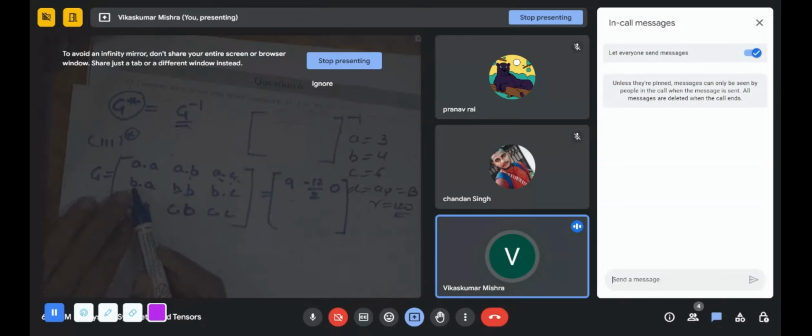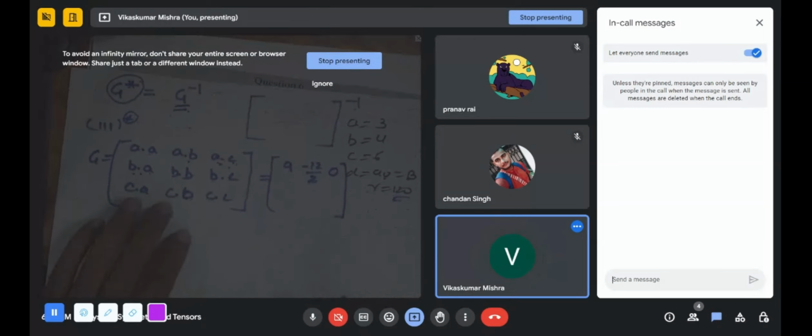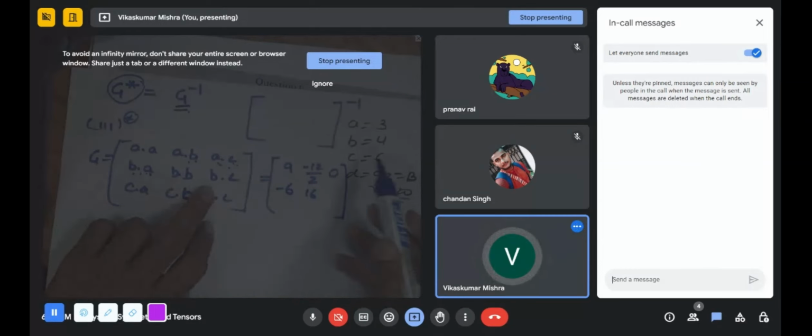And B and A, let's talk about B and A. Again A dot B will be same as B dot A, dot products are commutative, so it will be minus 12 by 2, that is minus 6. B dot B, that is 4 square, that is 16. And B dot C, what is the angle between B and C?